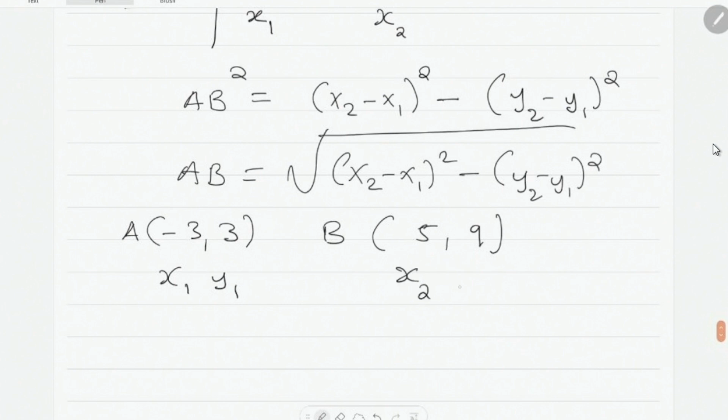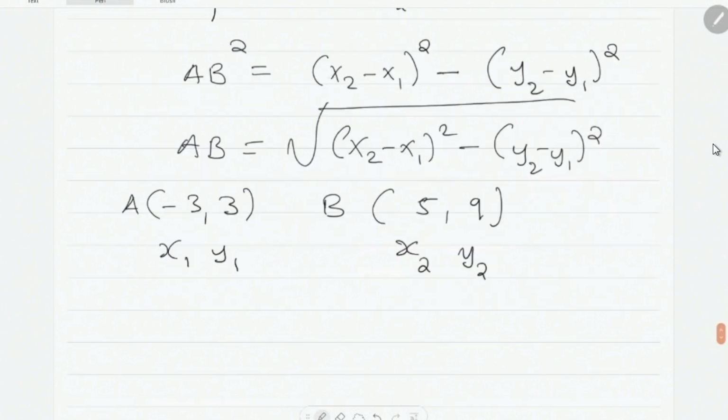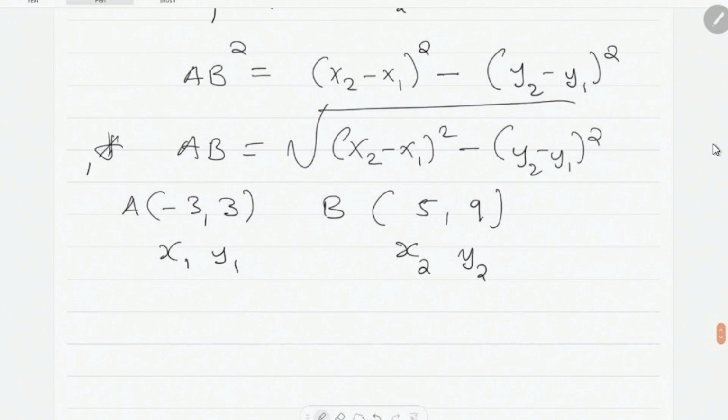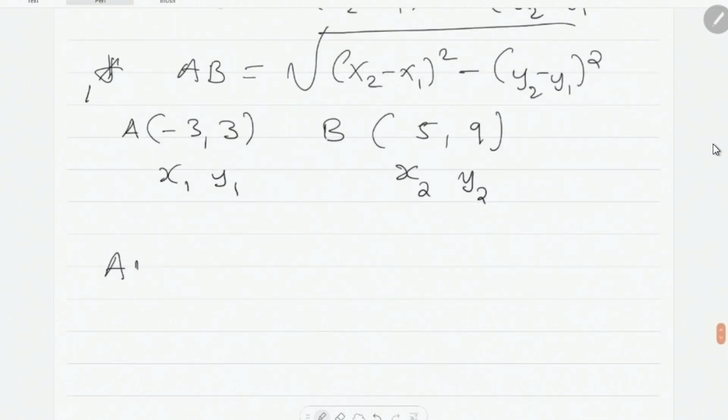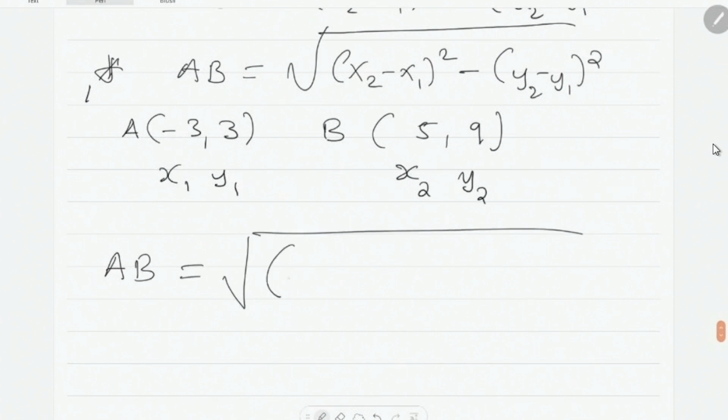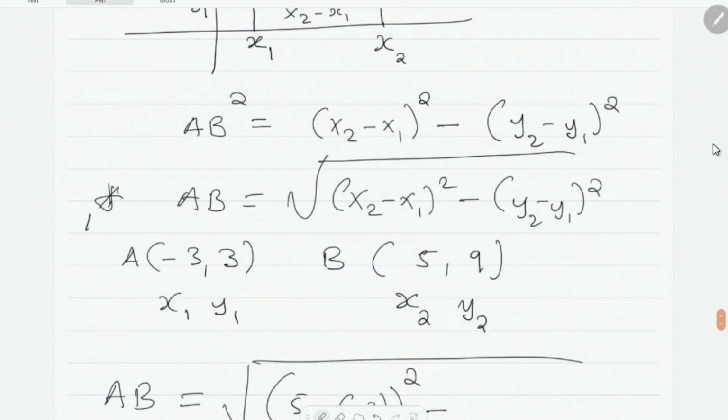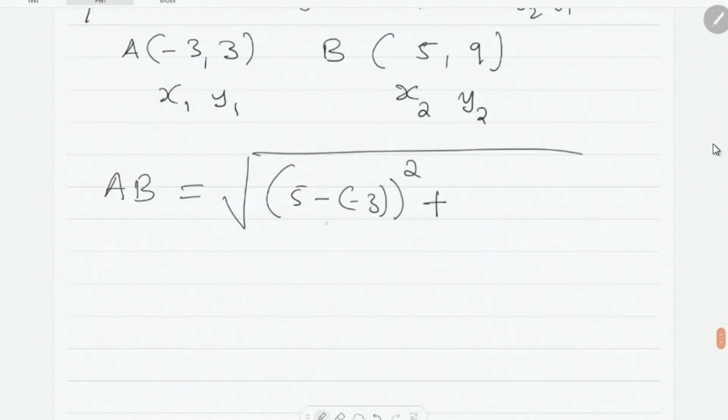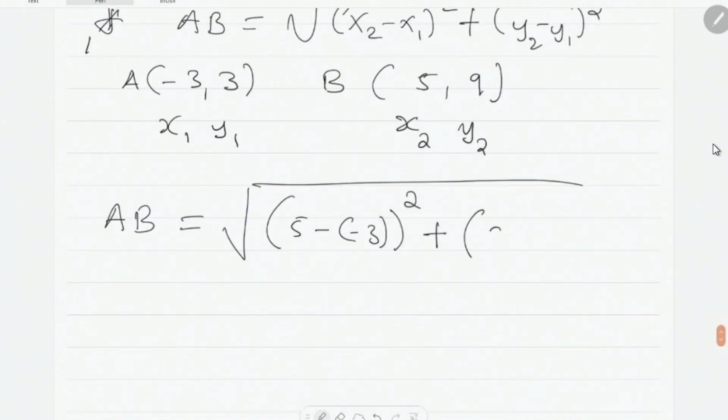Substituting these coordinates in the formula, which I'll call star 1, we are going to have AB equal to the square root of (x2, which is 5, minus x1, which is minus 3) squared, plus, it's Pythagoras theorem we are talking about, (y2, which is 9, minus y1, which is 3) squared.